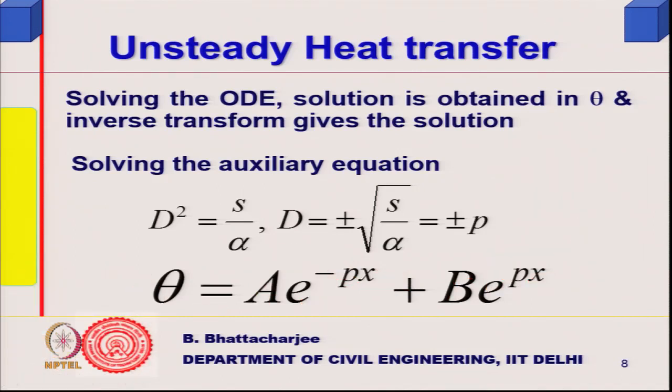So, we write the root s by alpha as plus minus p. Theta equals a e to the power p x plus b e to the power minus p x, where a and b we get from boundary conditions. When x equals 0, theta 0 equals a plus b.